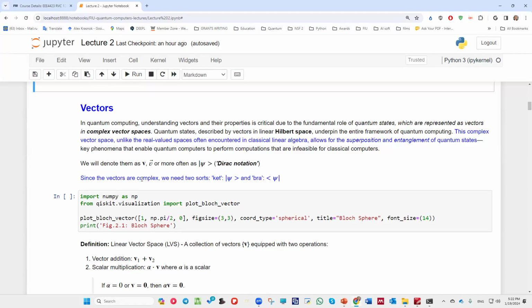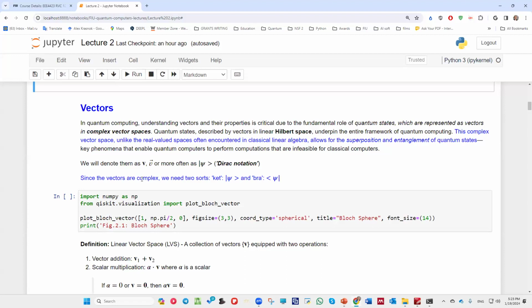The space itself can be a real space, like the space we are living in, and a vector from real space could be, for example, the velocity of a particle, the acceleration, the gradient of temperature, of pressure, many things. All the things that have a length or magnitude and a direction.